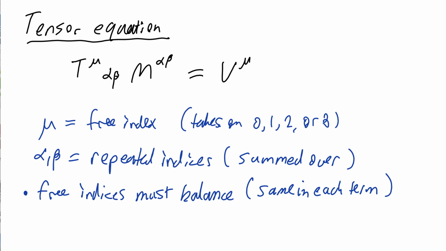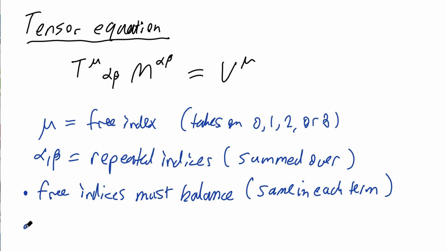It wouldn't make sense to have an equation that looks like this, because this is equating the components of a vector to the components of a covector. So the indices always have to be consistently up or down.